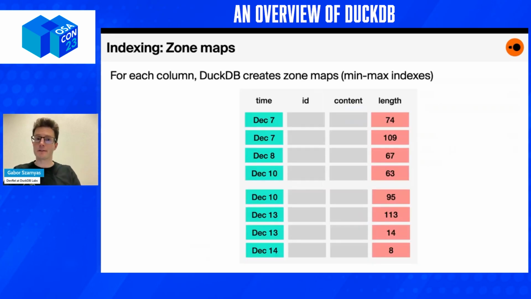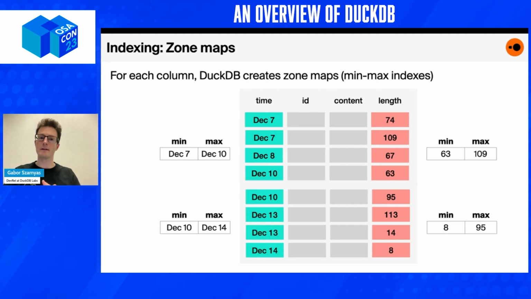Regarding the indexing, DuckDB uses something quite clever. It's called the zone maps, which means that we create minimum, maximum indexes for each row group. For example, here, we index time and length on this slide, and we show that the minimum of the time for the first row group is the 7th of December, and the maximum is the 10th of December.